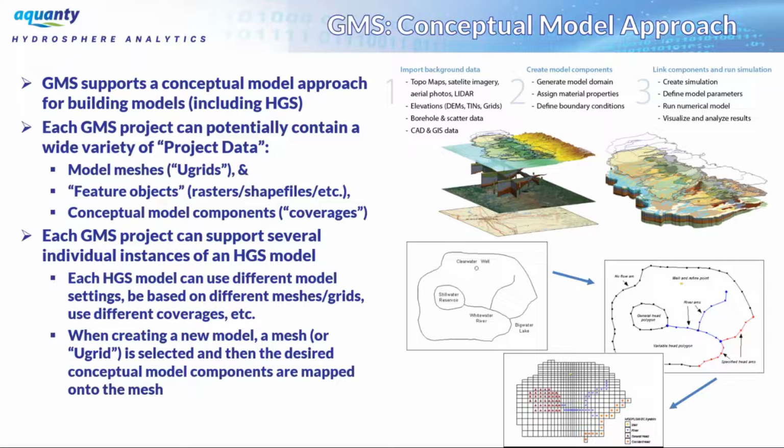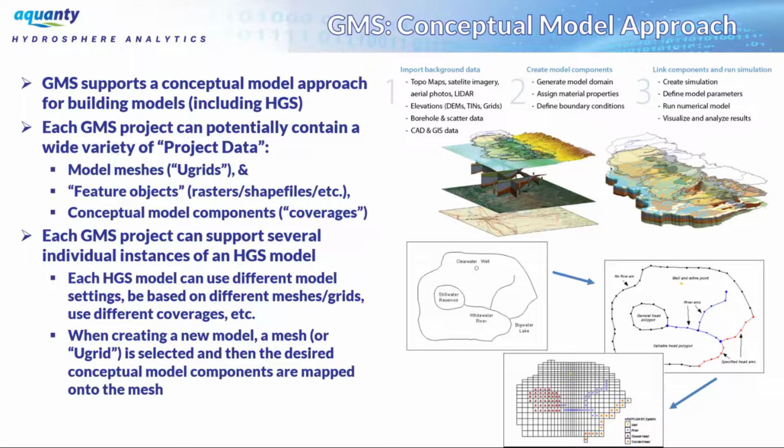In GMS, we'll often convert GIS feature objects, let's say a points data file, into a coverage, which is essentially the same thing. It's just a GIS file, but it contains a bit of conceptual information about the model itself. For example, pumping rates for pumping wells.